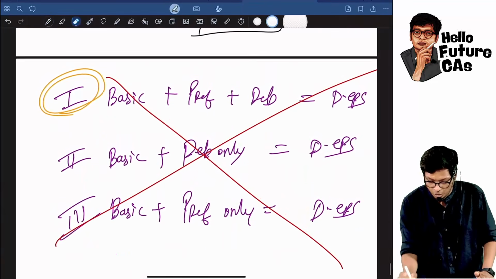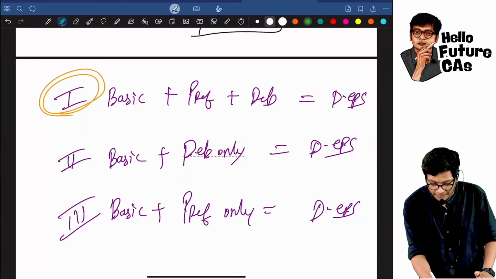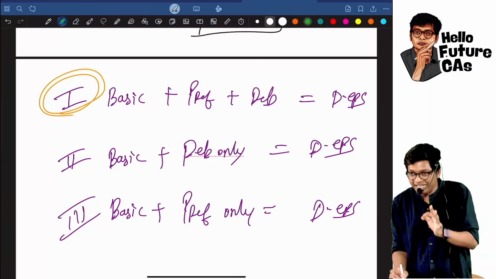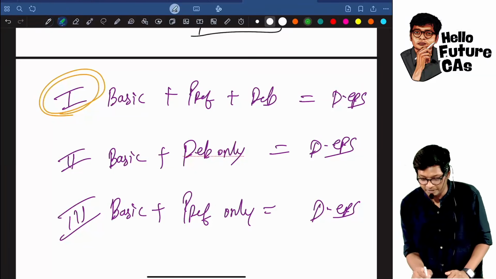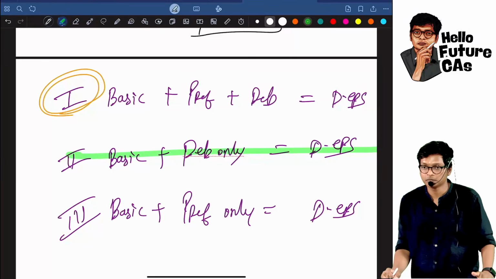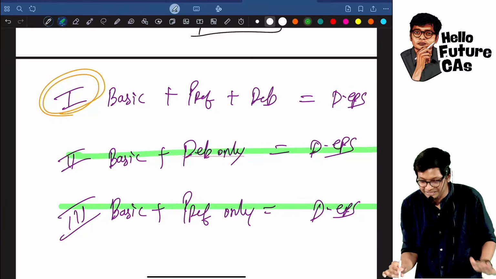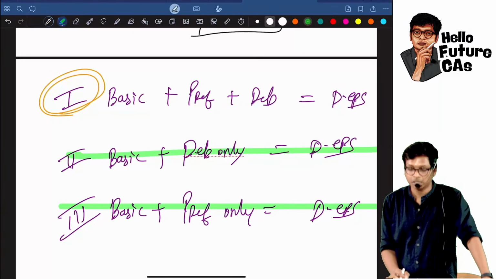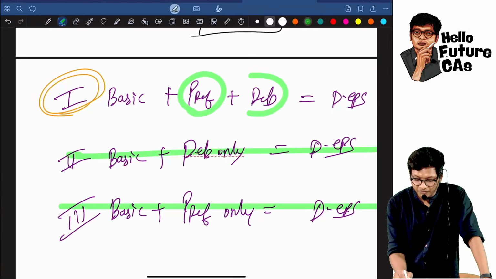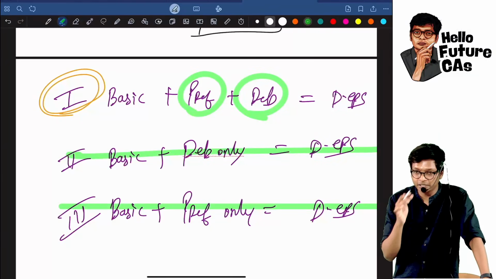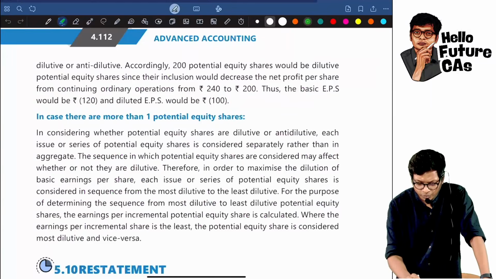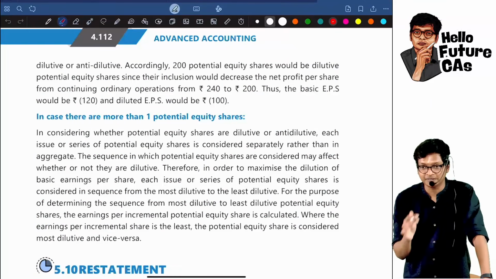If the question has only convertible debentures, this is correct. If the question has only preference shares, this is correct. But if the question has both preference and debentures, what we did is not correct. There's only theory for this in the book, and that's why we have this question.